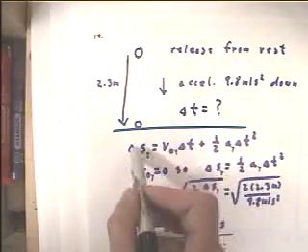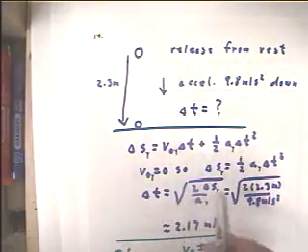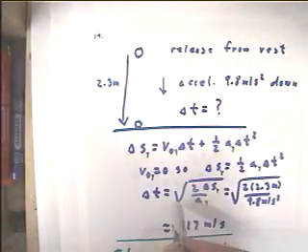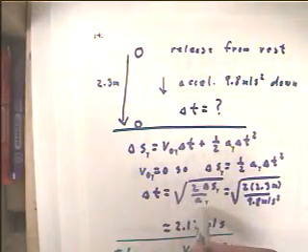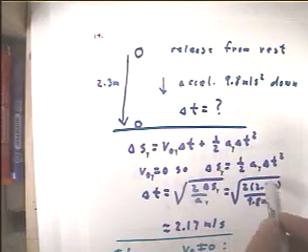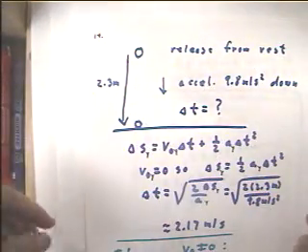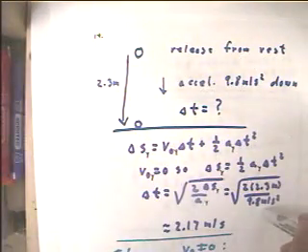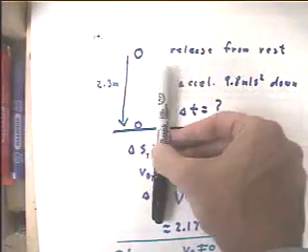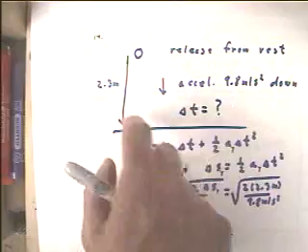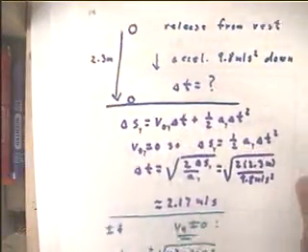We just omit this term and have this equal to this. Solving for delta t, we easily see that delta t is the square root of 2 delta sy over ay, and we plug in the values of delta sy and ay, both of which have the same sign. In this case, we've chosen the downward direction to be positive, and the acceleration and the displacement are both positive.